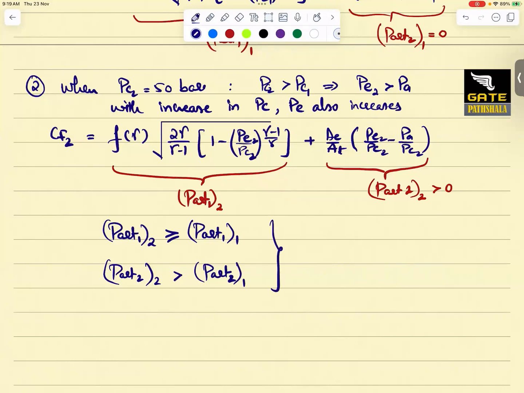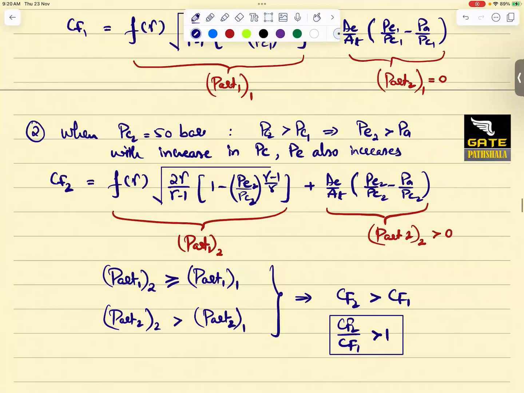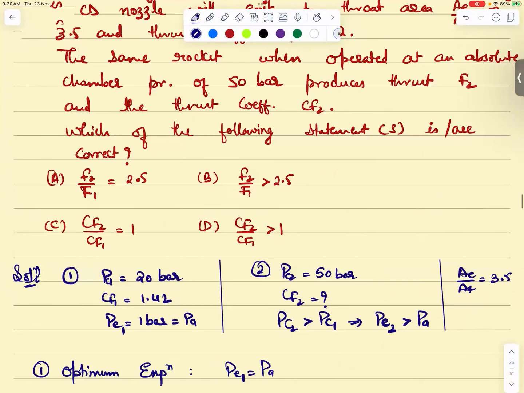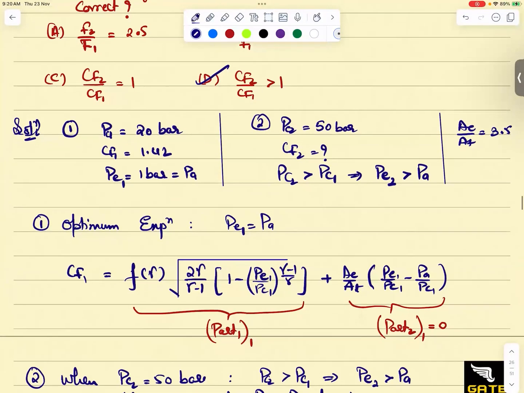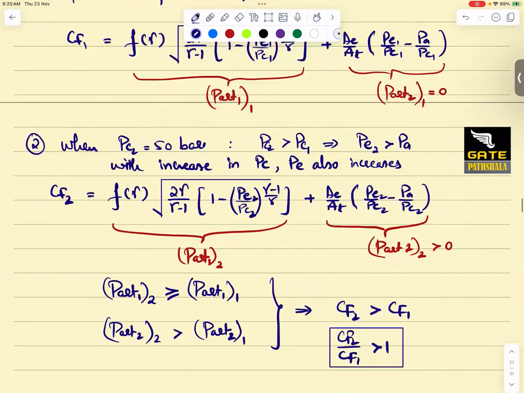So what these two collectively imply is CF2 will be greater than CF1. So CF2 by CF1 is greater than 1. One thing is sure. Hope you all noted this, everyone. So we got one option, that option D. Sandeep, you said A and C, right? Yes, sir. So now D has come.